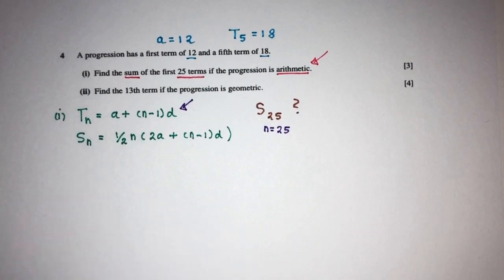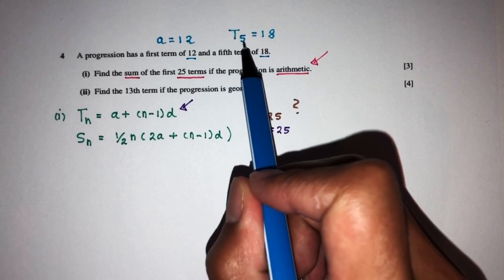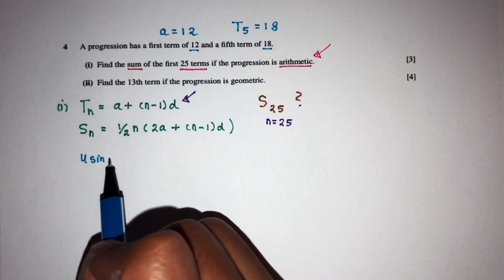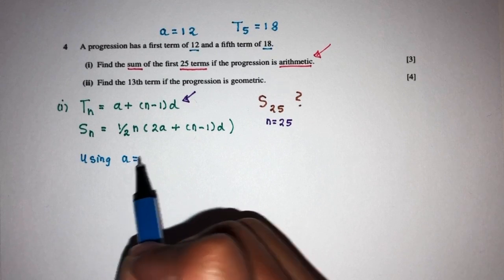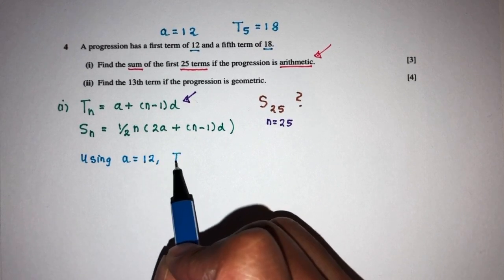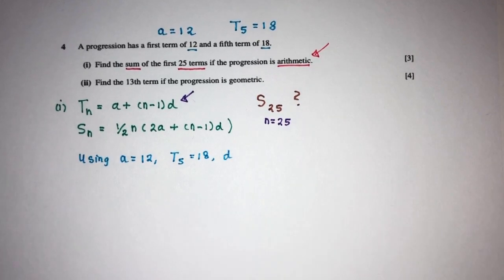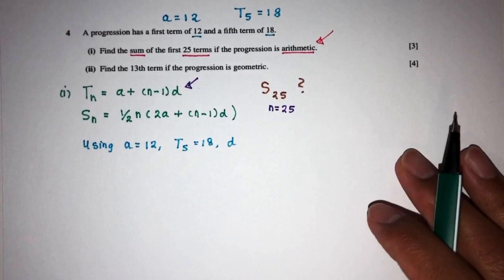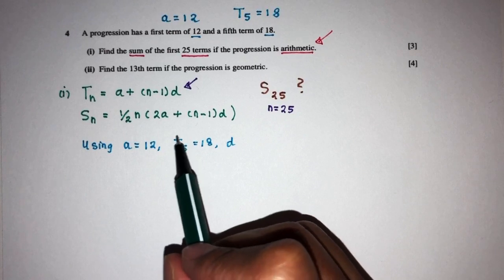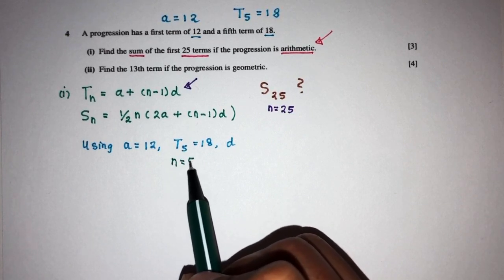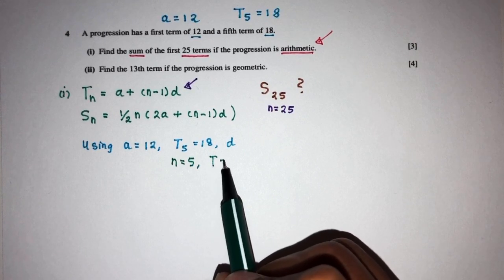So let me use this one because we know the fifth term is 18. Using the fact that a, the first term, is 12 and the fifth term is 18, we are going to find the value of d first. The fifth term is basically when n is equal to 5, the term is equal to 18.